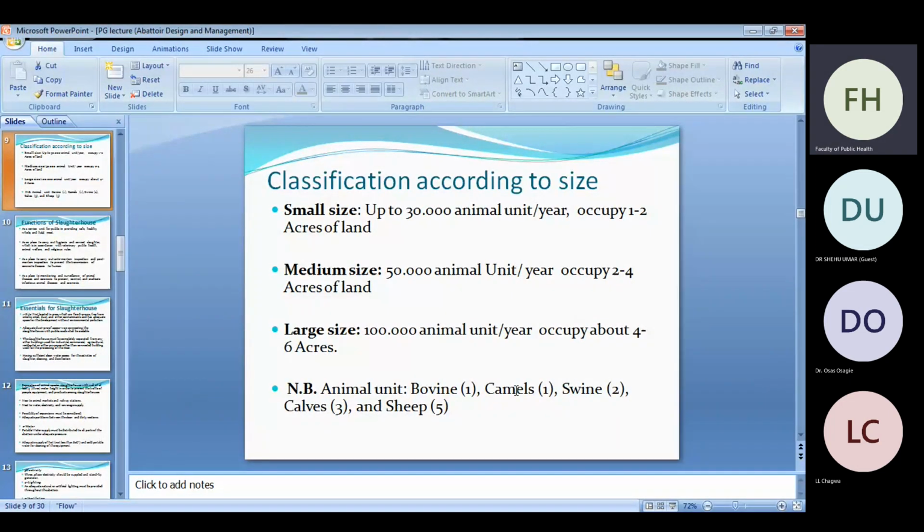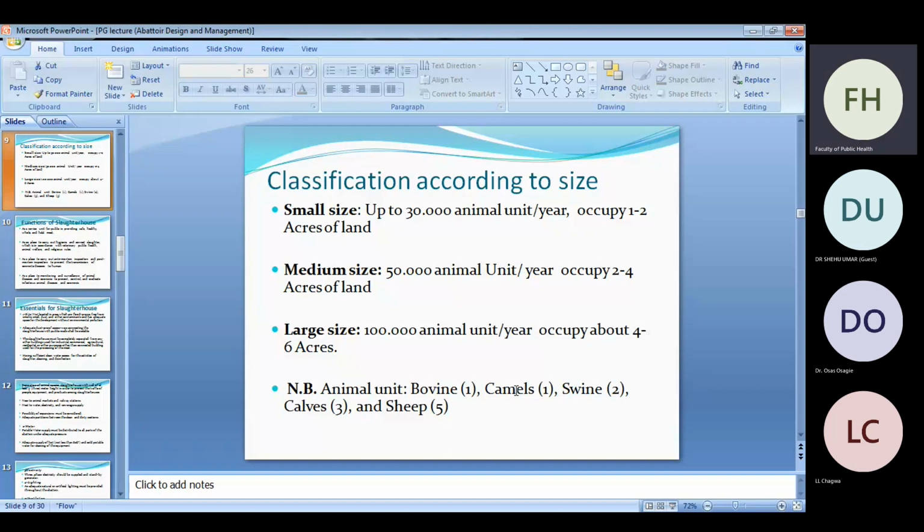We also group the abattoirs according to their sizes: small size, medium size, large size. When I say small size abattoir, 30,000 units of animal can be slaughtered in a year, and this slaughterhouse can occupy 1 to 2 hectares of land. It can be termed a medium size slaughterhouse if it enables slaughtering of 50,000 animals per year and occupies 4 to 9 hectares of land.